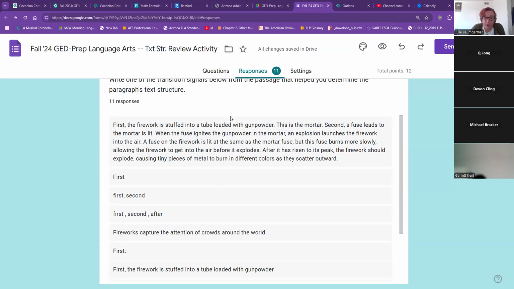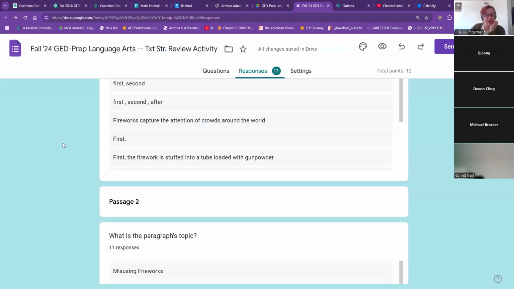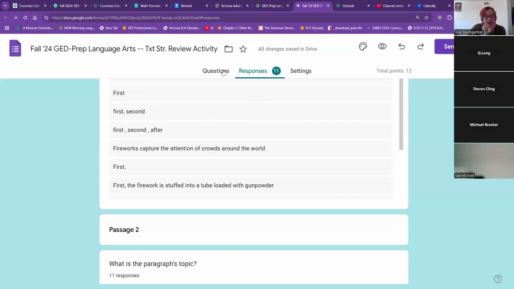So in that third part, you're looking for short words or phrases, usually at the beginning of a sentence or in the middle of a sentence, connecting 2 parts, like we saw with compare, contrast, or cause and effect. Or even, like I said, some of those time relationships. Okay. All right.